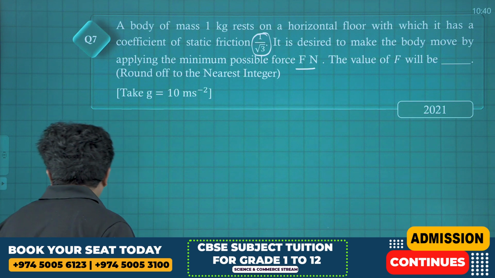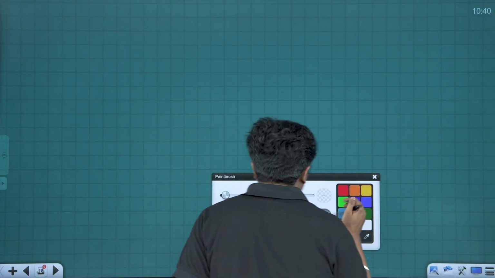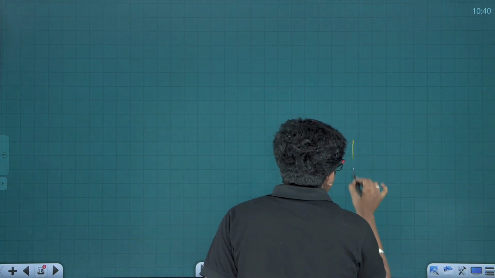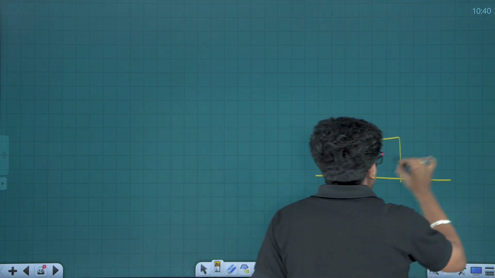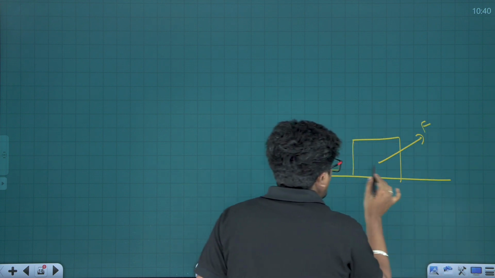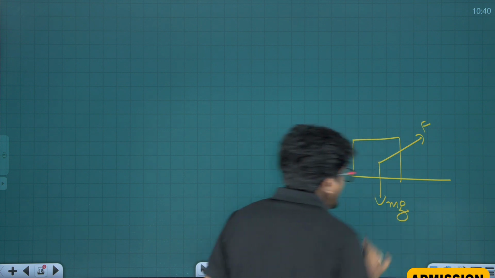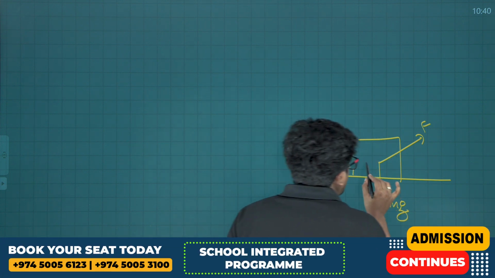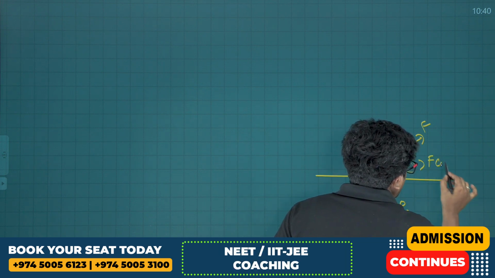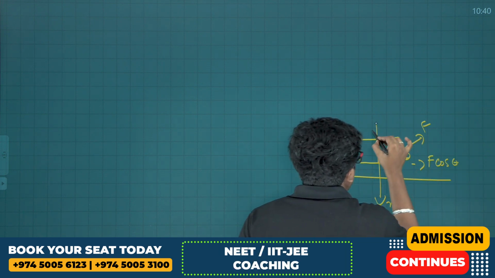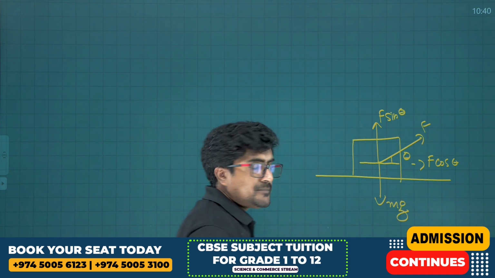Okay. So while doing so, I am going to create the situation here like this is the body and I am going to apply a force F here, alright, and M into G, that is the weight acting. Now if this particular force is at an angle theta, so F cos theta is going to be the horizontal component and F sin theta is going to be the vertical component.